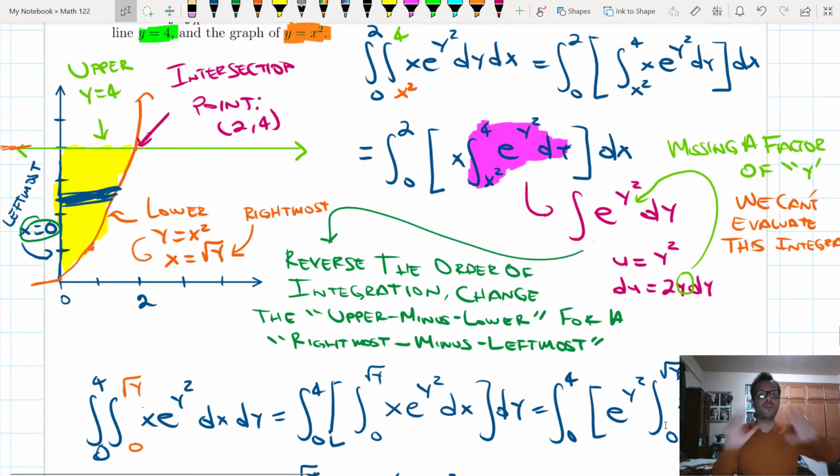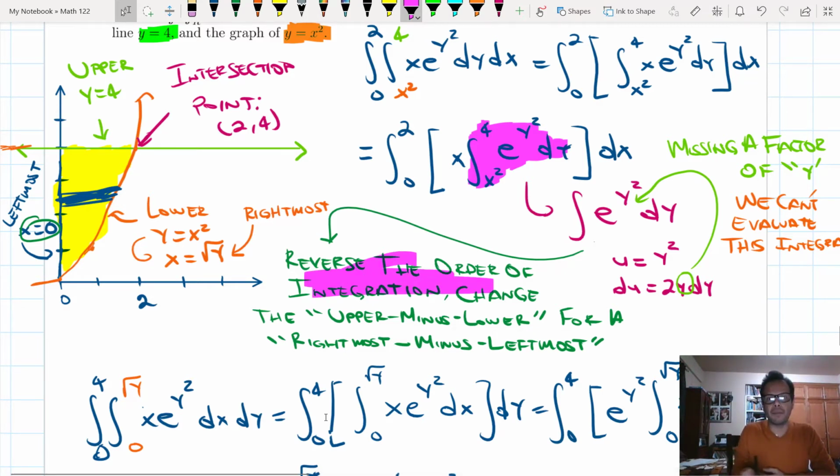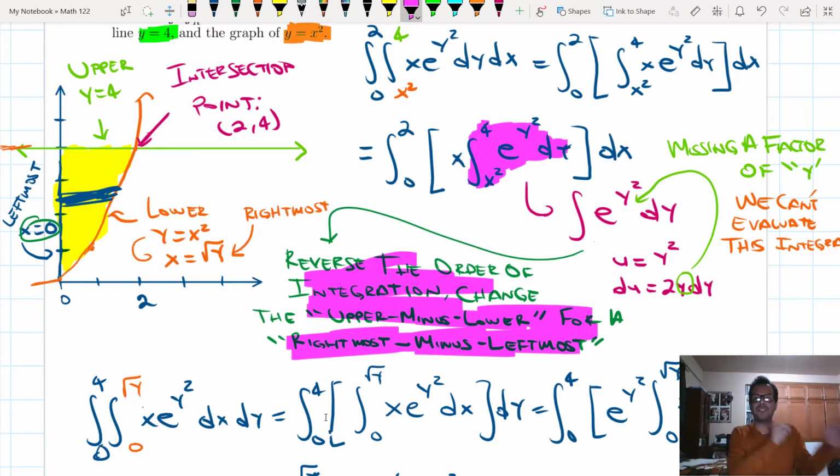The thing is, when you reverse the order of integration, when you have general regions, not just rectangular regions like we did on the first couple examples, we need to redefine the upper minus lower, which is what I'm highlighting here. We reverse the upper minus lower for a rightmost minus leftmost.